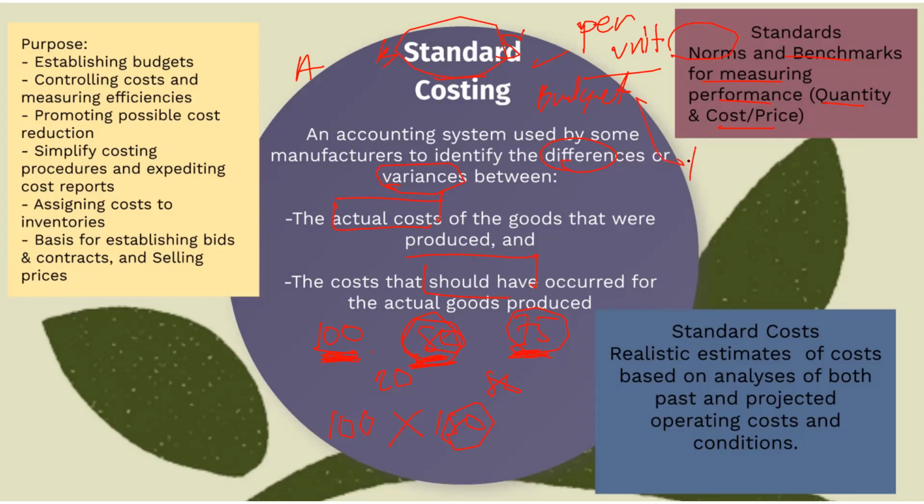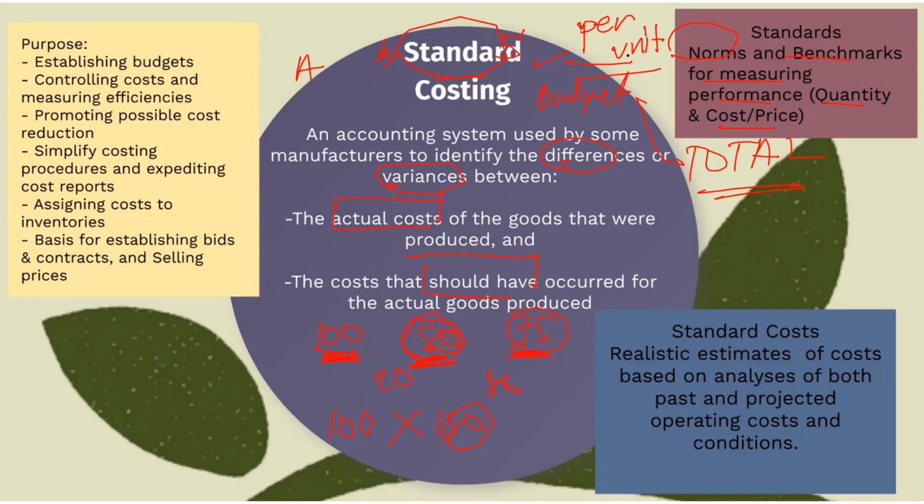So your budget is usually expressed in total amounts. So pag sinabi sa'yo ng company, what's our cost for each material? Standard po. Pakibigay po sa akin. You should give the per unit. Now, if you are asked about the budget, you are asked about the total amount that you are expecting to spend. It's that way.